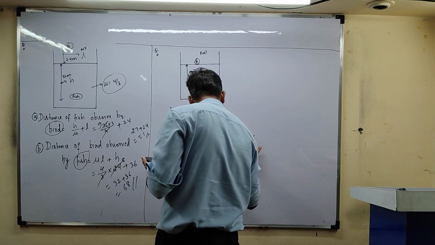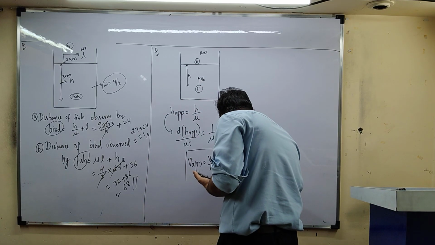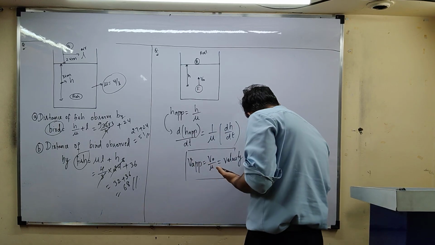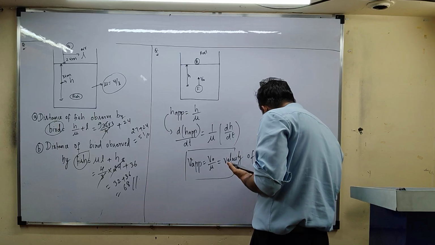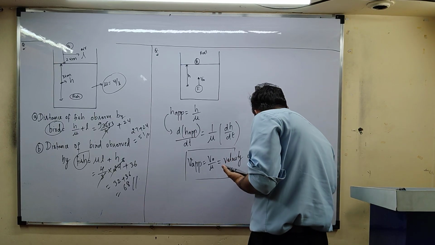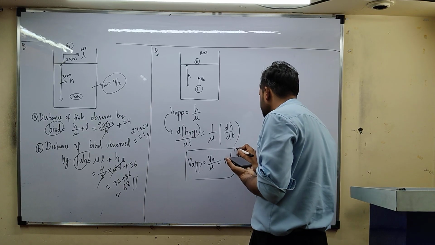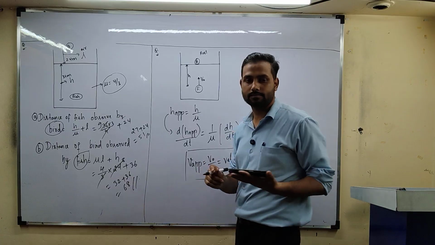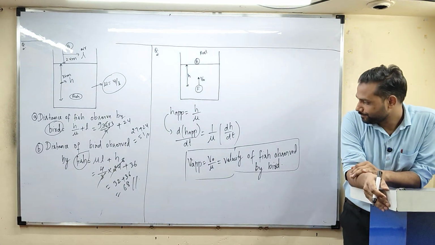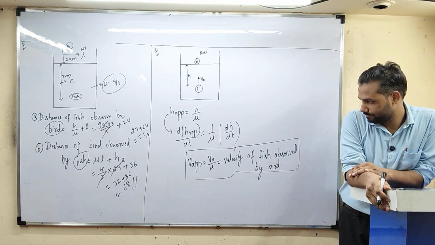This is what you have to remember. That means, what is this? Velocity of fish observed by bird. Who is the observer here? Bird is the observer. Who is being observed? Fish.